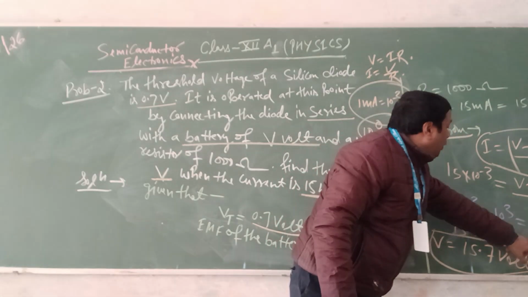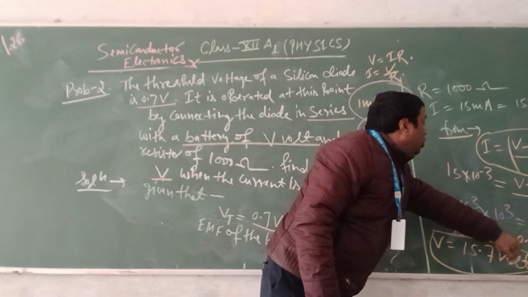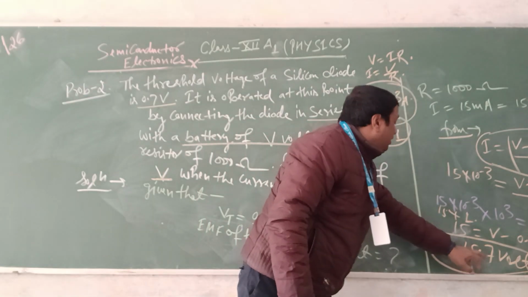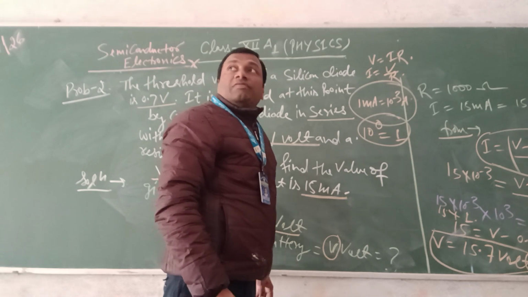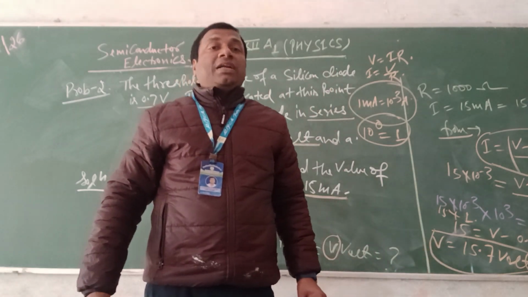Then moving 0.7 to the left side, 15 plus 0.7 is 15.7 volt. So the EMF of the battery, V, is equal to 15.7 volt.